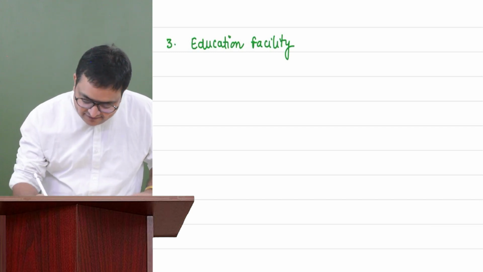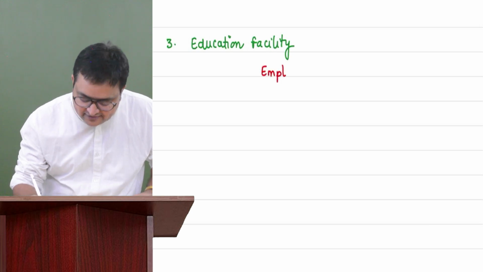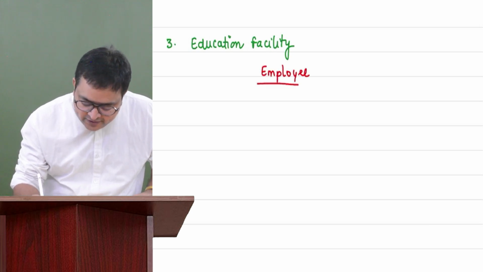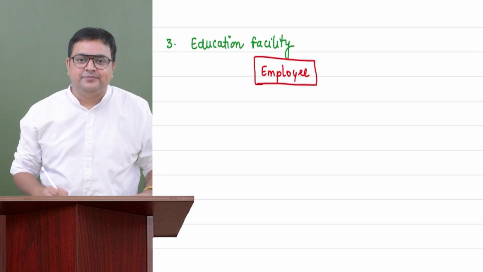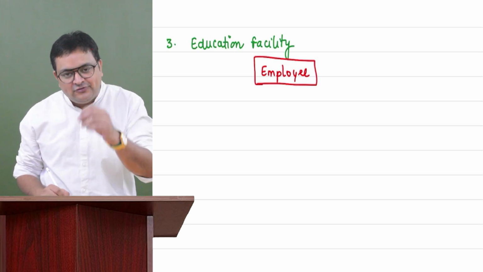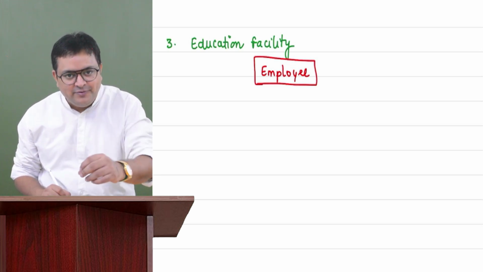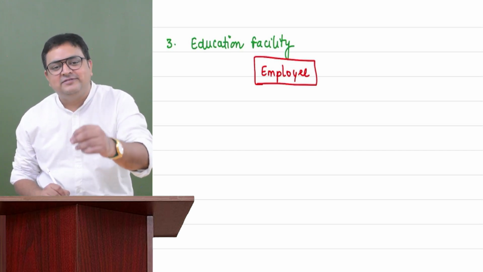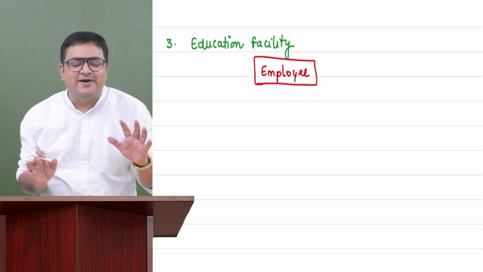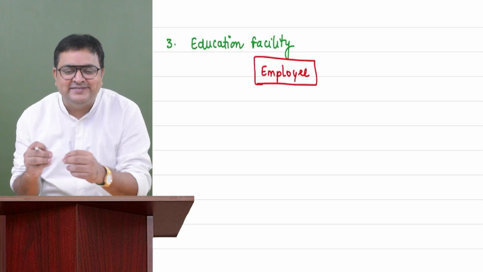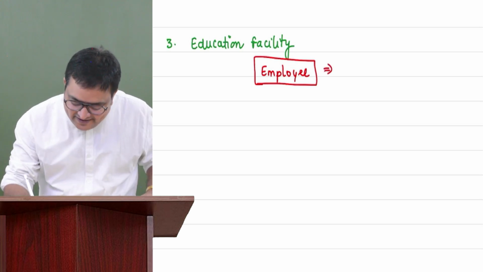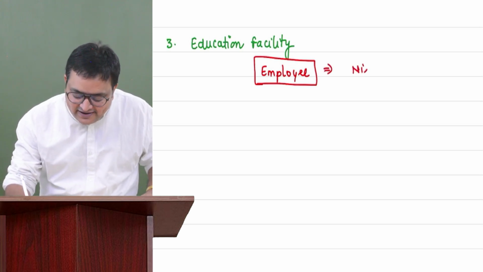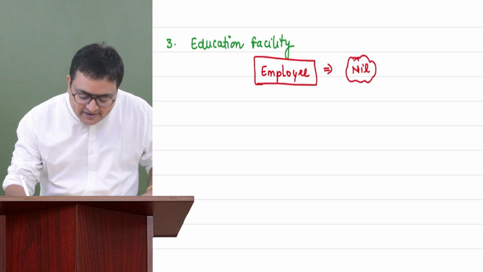If the education is received by the assessee himself or herself, that is, the employee is getting the education, whether the cost is 100 rupees, 1,000 rupees, 10,000 rupees, 1 lakh rupees, or 10 lakh rupees, irrespective of the amount, please make the perquisite nil. It is a tax-free perquisite.